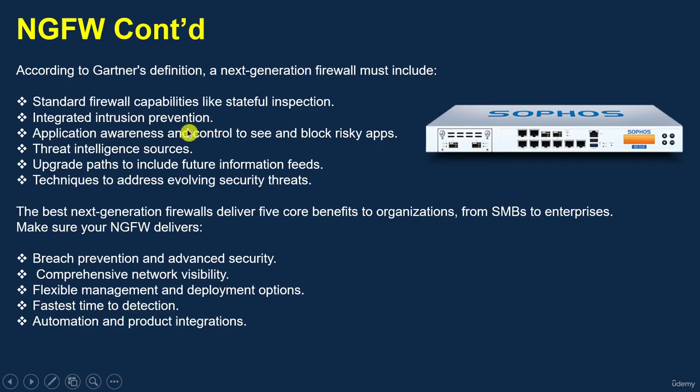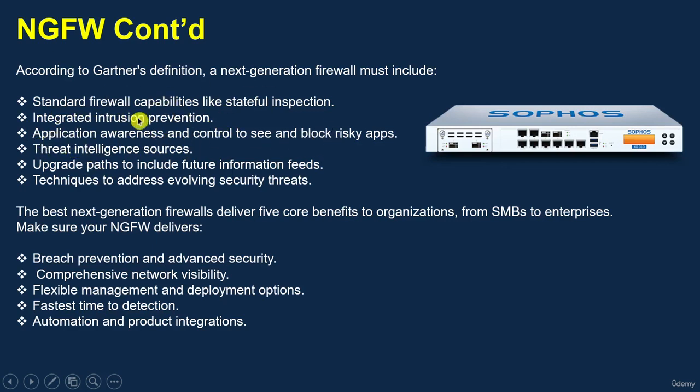Using this IPS, the firewall can detect malware and malicious traffic patterns identified using IPS signatures. We use it to prevent known types of malware using traffic patterns, so an integrated IPS must be there.